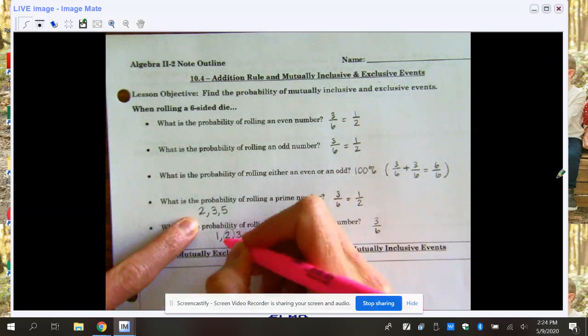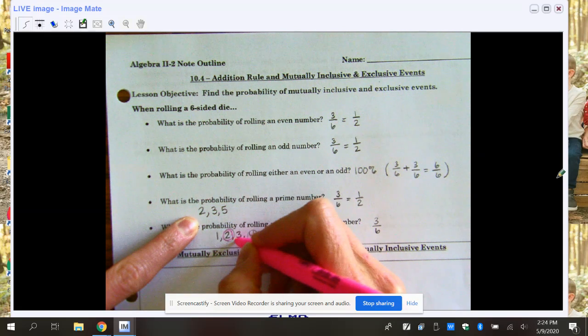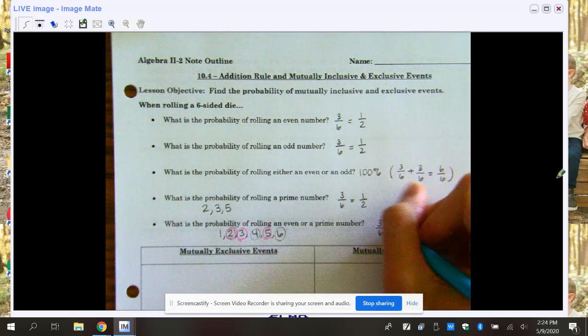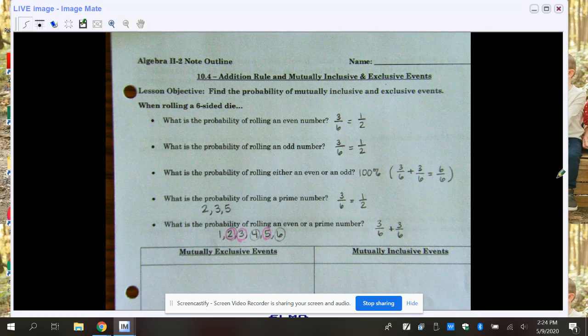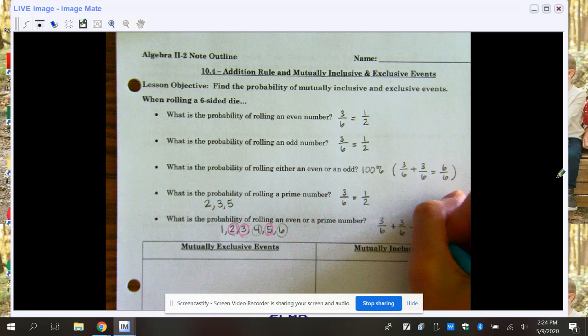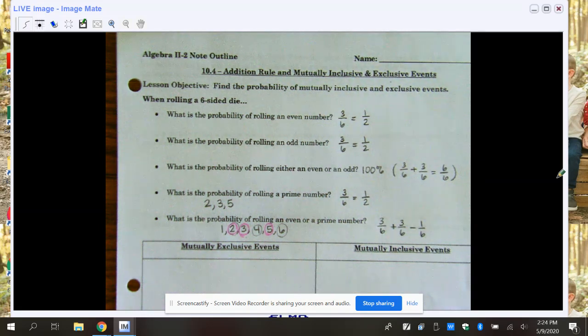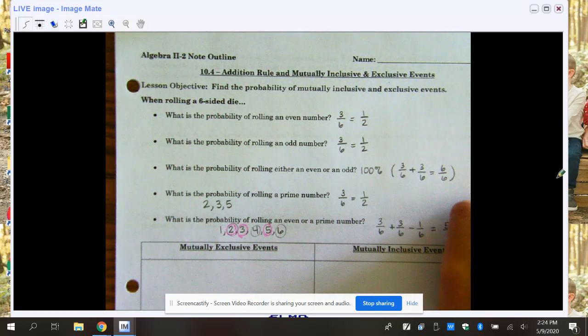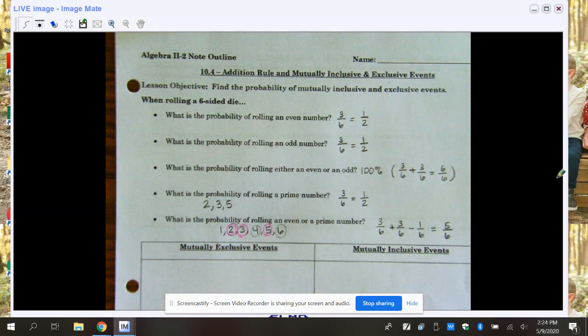And then if I circle the prime numbers, I'd circle 2, 3, and 5, so there's also 3 prime numbers. But I circled that 2 twice, so there's an overlap. You can't count that twice. You can't count that for a prime and an even number. So we have to take away that one value that overlapped, and so that would be 5 out of 6.